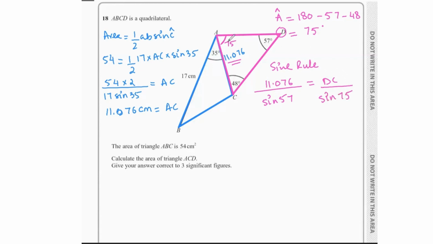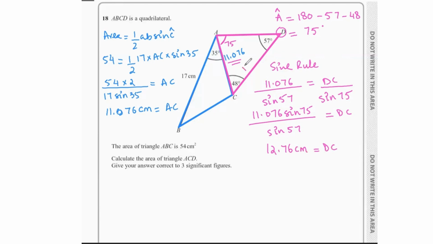As you can see, I use the angle opposite to the length. That is the complete set of angle and length for the sine rule. So 11.076 times sine of 75 divided by sine of 57 equals DC. Plug this in your calculator, and what you should get is 12.76 for DC.